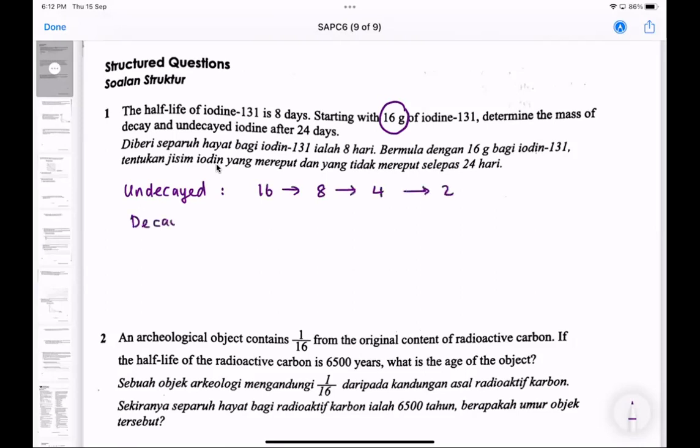Decayed, this initially is 0. Don't put arrow. 8, yes, 8, 4, then that will be 8 plus 4 equals to 12.